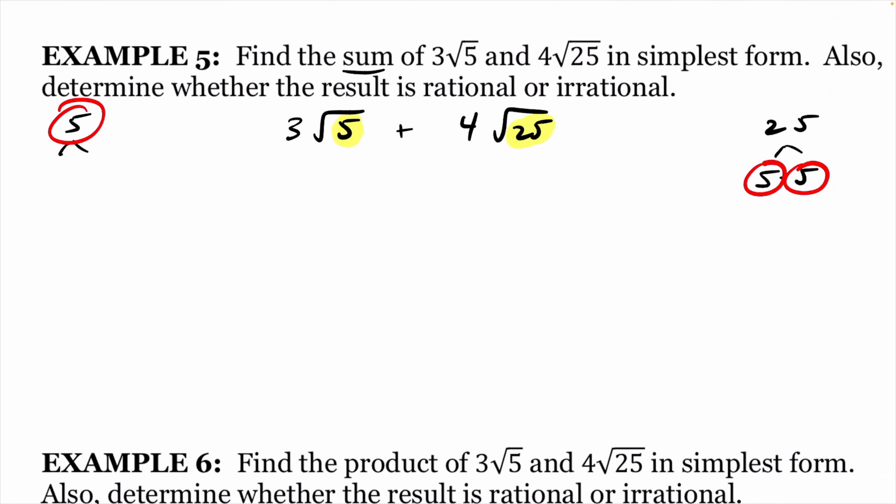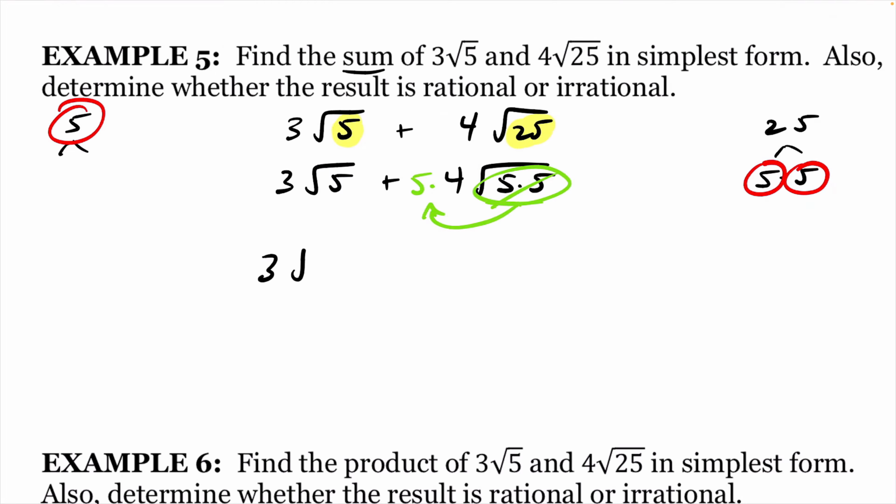Rewrite. 3 square root 5 plus 4, and then I have 5 times 5, right? Looking for pairs. Okay. Got one pair, nothing left over.